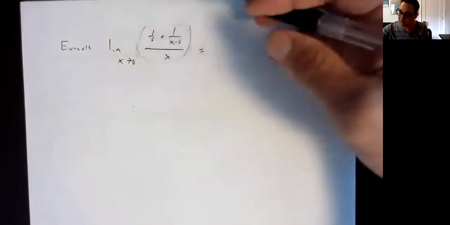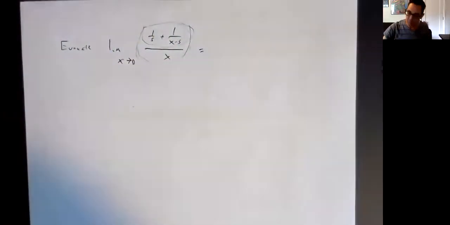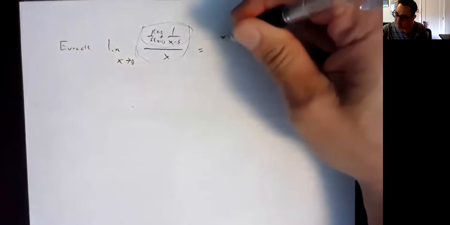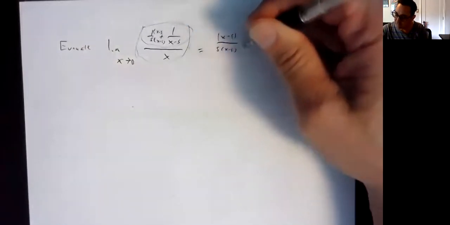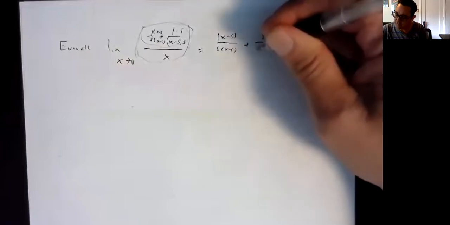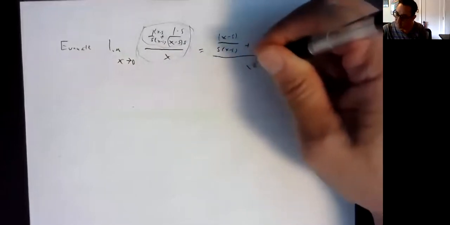Now to simplify, I need a common denominator on the top. So I'm going to multiply this times x minus 5. I'll get 1 times x minus 5, which is x minus 5 over 5 times x minus 5, plus, and over here, I'm multiplying top and bottom by 5. So that's going to be 5 on the same denominator, all over x.